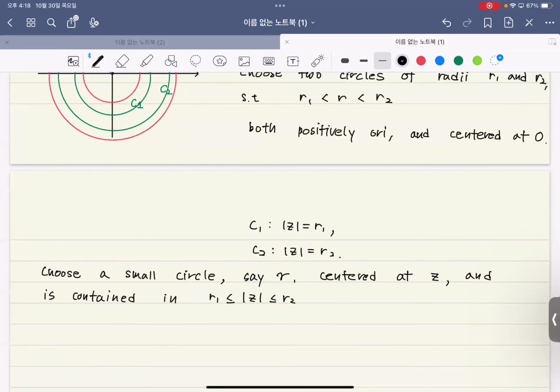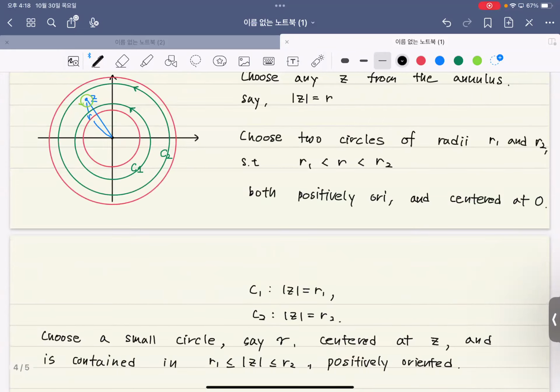And it is positively oriented. Lots of conditions.